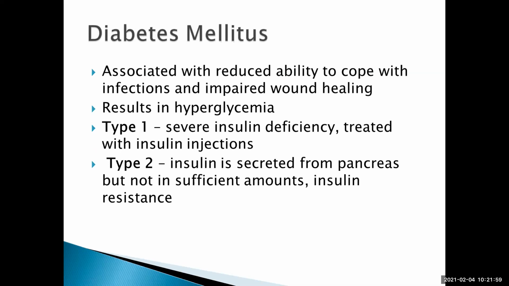Type 1 is when your pancreas is no longer making insulin and you have to give yourself insulin on a daily basis in order to supplement what the body isn't doing. Type 2 is what we used to call adult onset, where the pancreas may be producing insulin, but not enough. So they need either oral or injectable medications to supplement.